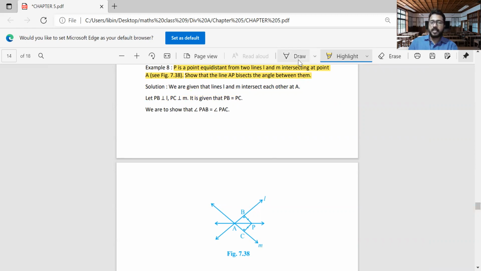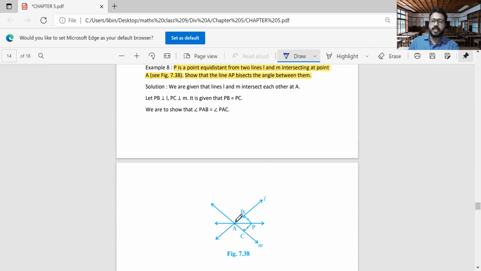Okay, what are you given? You are given that the point P is equidistant from the two lines L and M, and these two lines L and M are intersecting at the point A. Now we want to show that the line AP bisects the angle formed between those two lines, L and M. Again, let me ask you how we can prove that AP bisects the angle between them.